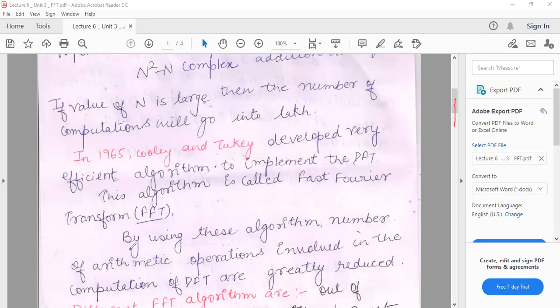So FFT is the algorithm in which the number of arithmetic operations involved is reduced. So this is an advantage of FFT over the discrete Fourier transform, because here we have reduced the amount of computation.